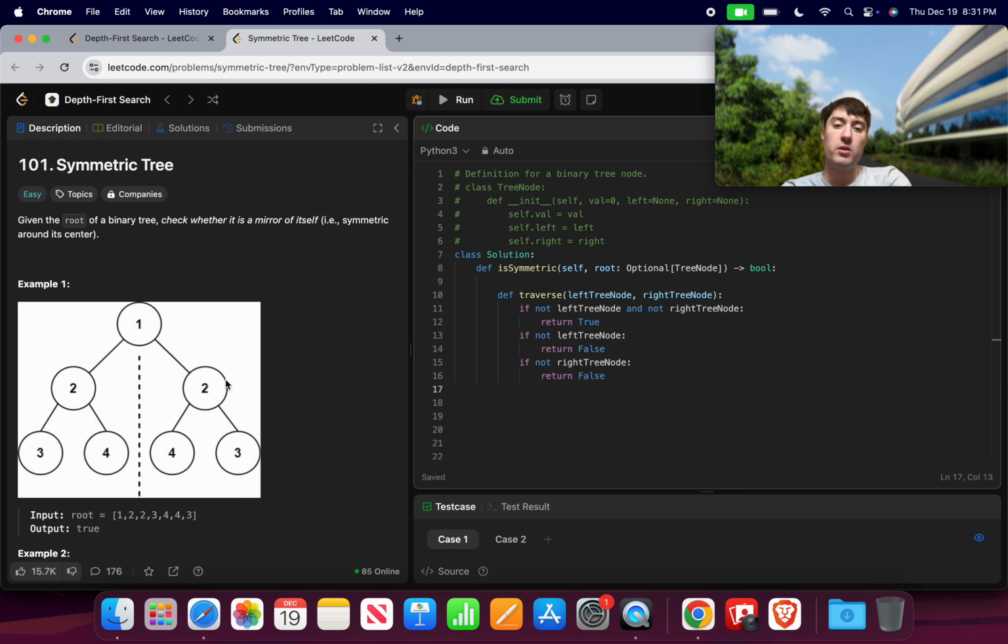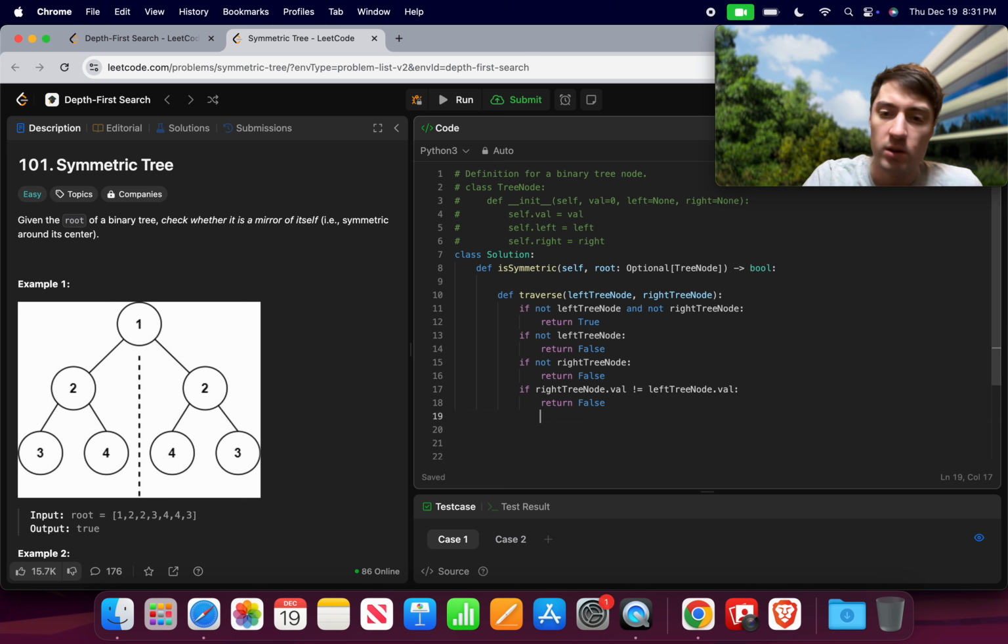So if right tree node dot val does not equal left tree node dot val, then we can return false.